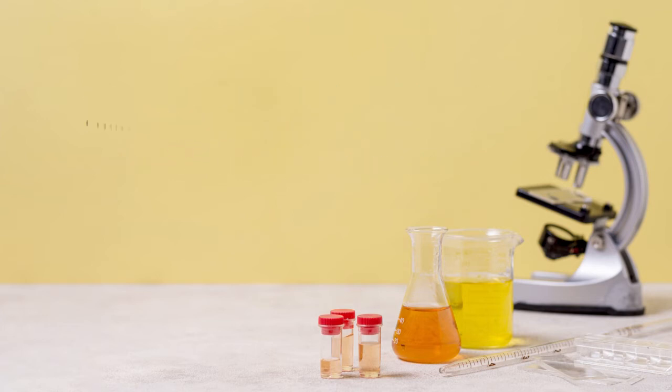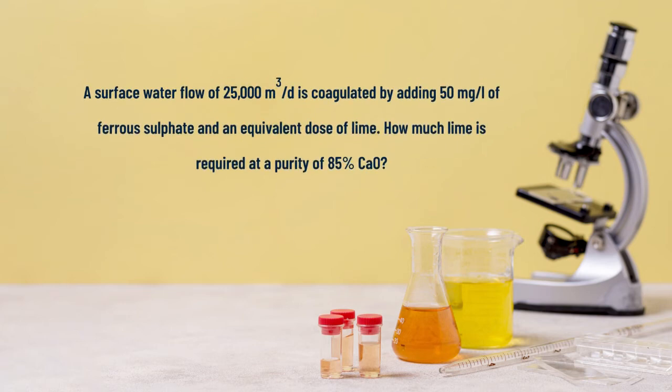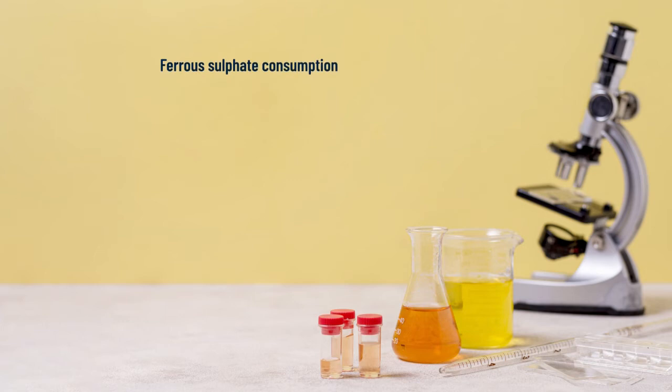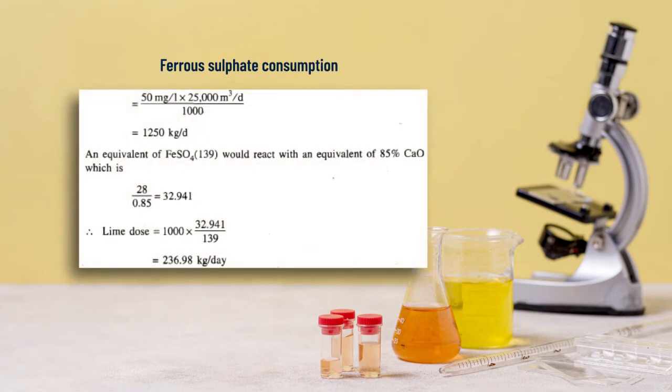Another example. A surface water flow of 25,000 meter cube per day is coagulated by adding 50 milligram per liter of ferrous sulfate and an equivalent dose of lime. How much lime is required at a purity of 85% calcium oxide? So here ferrous sulfate consumption is equal to 50 into 25,000 divided by 1000.